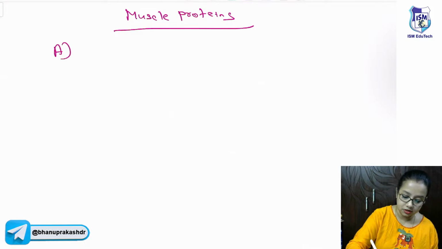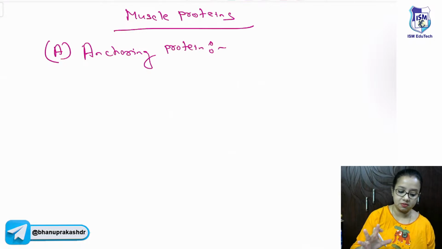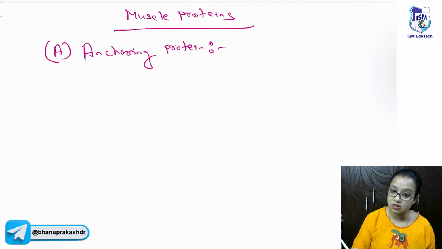The first one is anchoring protein, which is very important, because it gives mechanical stability to the muscle fiber when there is contraction and relaxation. Now, contraction and relaxation is a very strong process. Tension is generated, heat is generated, energy is required.